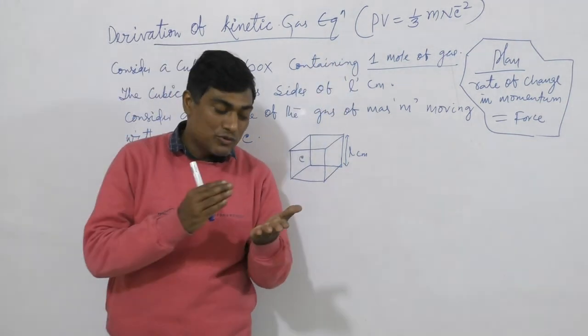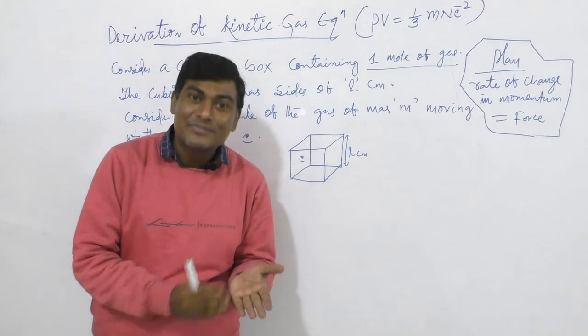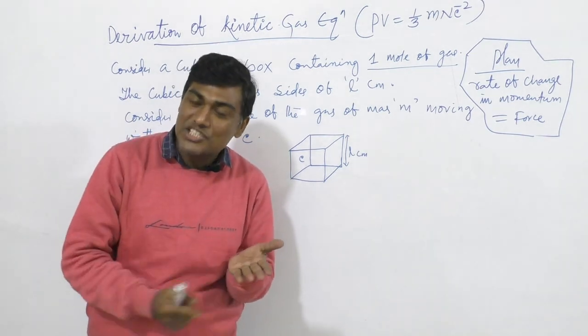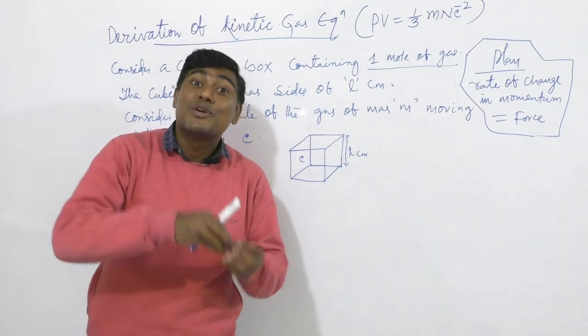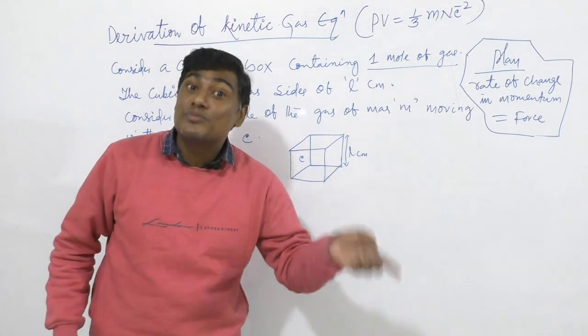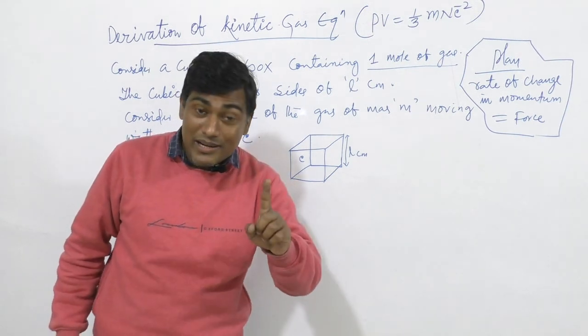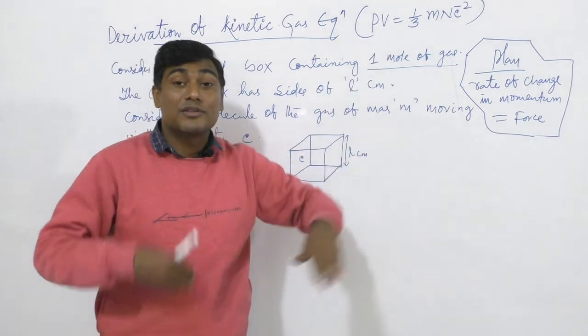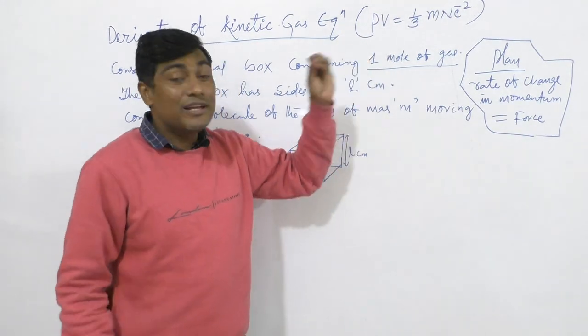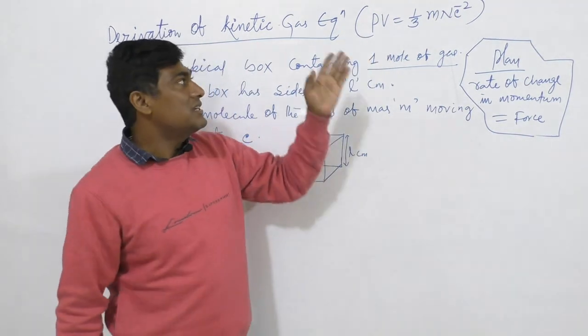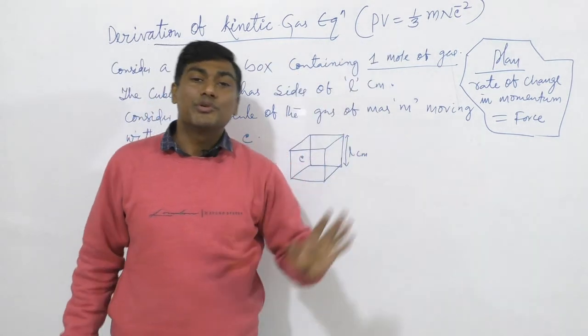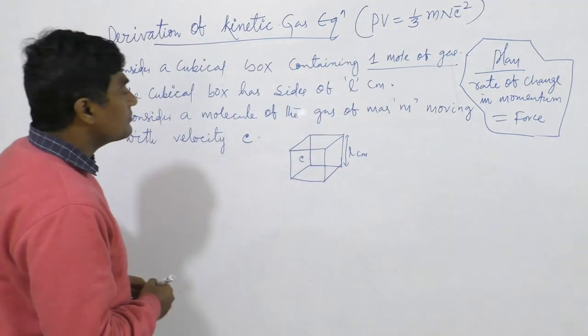So we have to consider one molecule, its momentum, its change in momentum. From that we calculate the rate of change in momentum of a single molecule, and from that the rate of change in momentum of all the molecules. Then we will proceed to PV is equal to 1 by 3 mn c square.